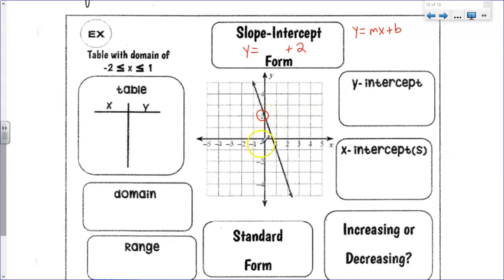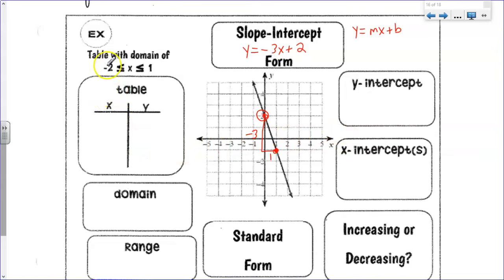And then our slope here, we have a point here and a point here, so we can do rise over run. That's going to be 1, 2, 3, and we're going down 3, and then over 1. So that's a negative slope, we can tell by looking. So our slope is negative 3 over 1, which is negative 3x.